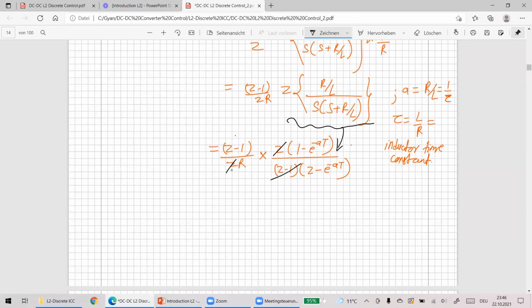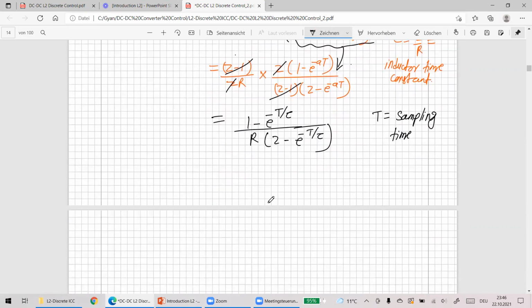So this cancels, this cancels, and what we have is, A we can replace using 1 over tau, R into Z minus e power T over tau. So here T is your sampling time. So remember, this is your sampling time. This is not your switching time, this is your sampling time.